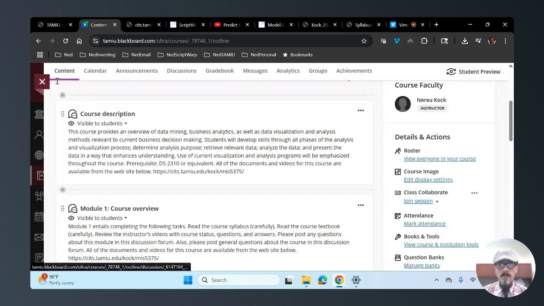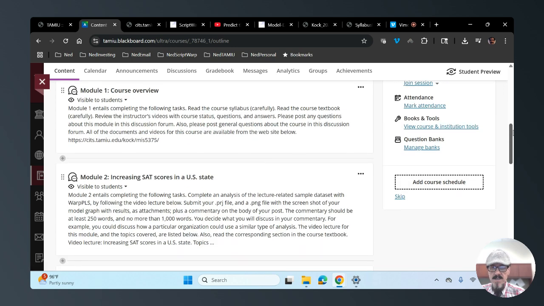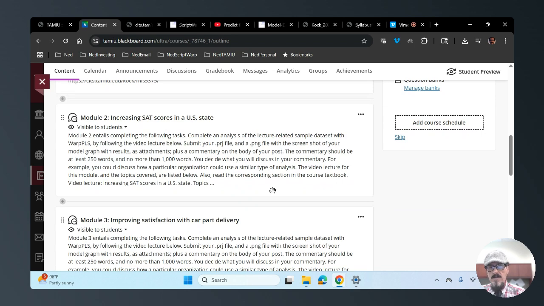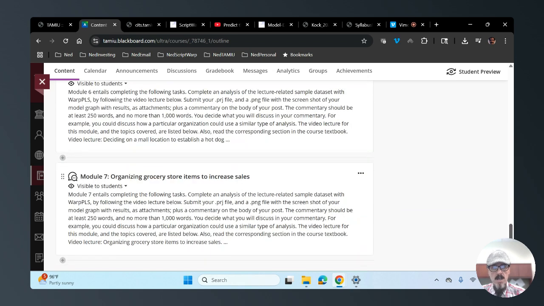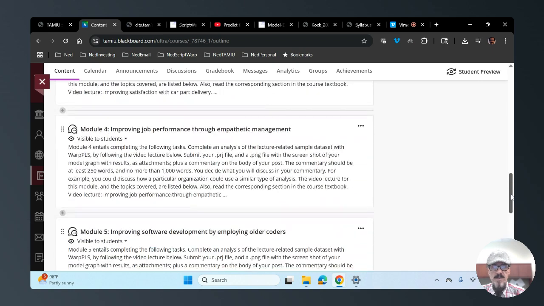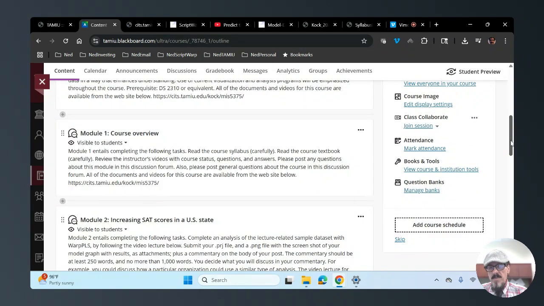But as you can see, this course is very straightforward. If you do the assignments by the deadline, you're going to get an A in this course. And we have 6 assignments, and they are covered in modules 2 to 7. I will be waiving the midterm and final because, as you can see, each one of these assignments could be an exam.